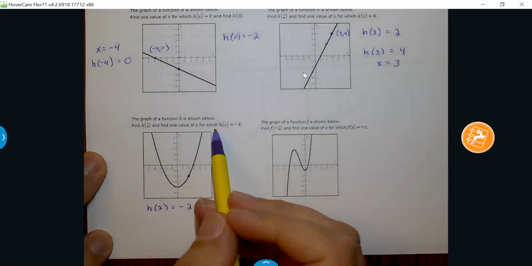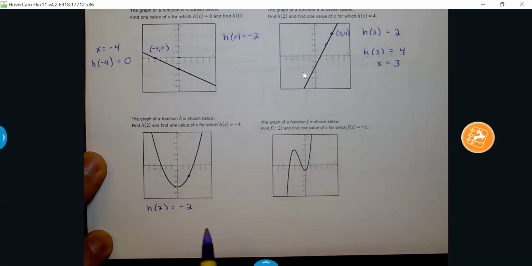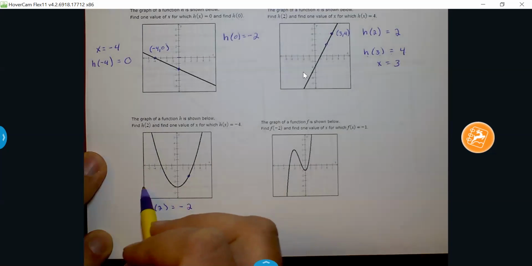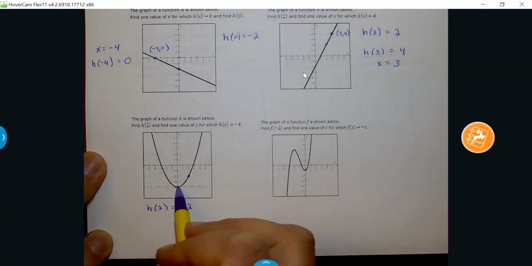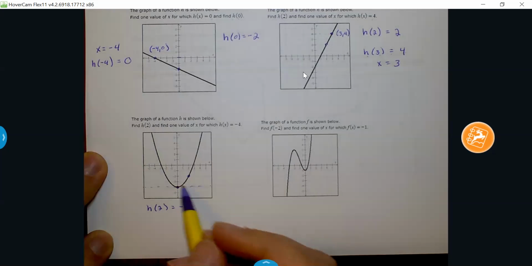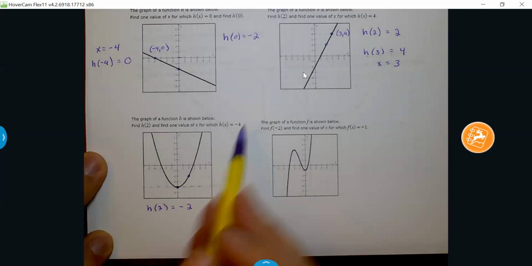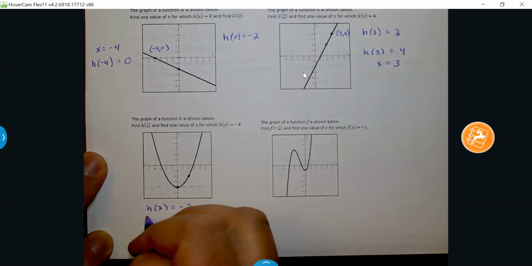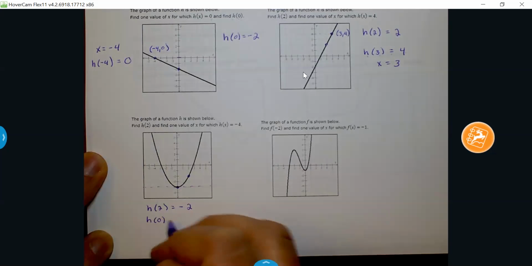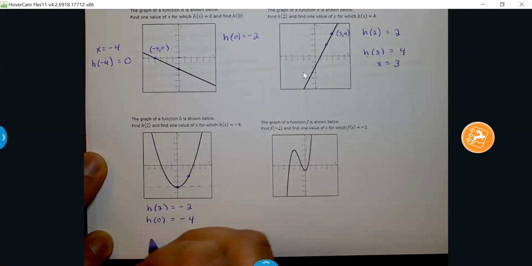Now they want to know h of x equals -4. And as you can see here, this one is actually only 1. We're talking about the vertex of that parabola, the bottom. So when h of x equals -4, x can only be 0. So we're looking at h of 0 equals -4. So x would be 0.